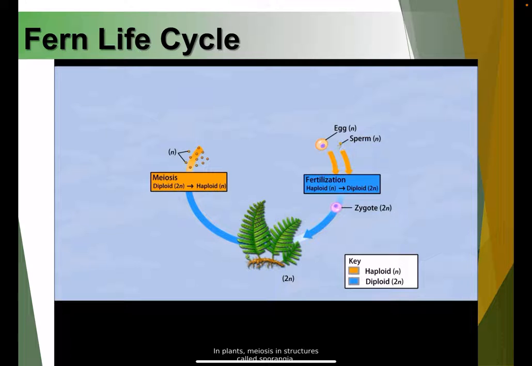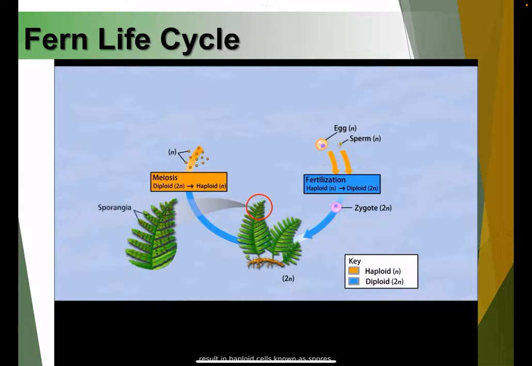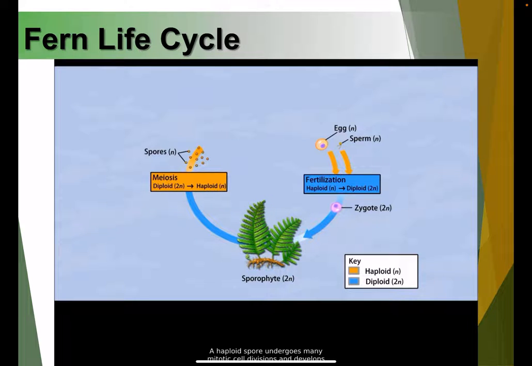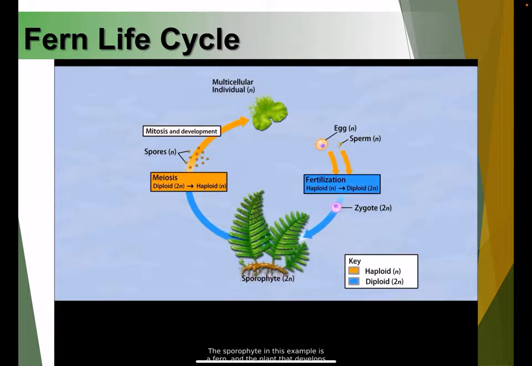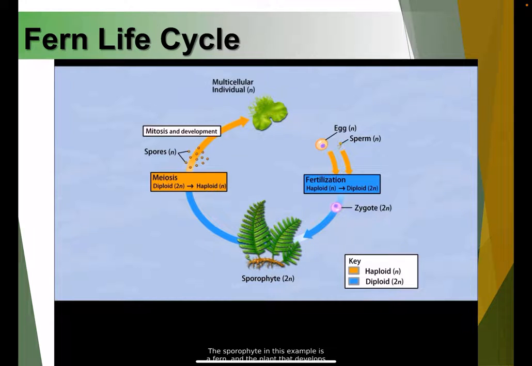In plants, meiosis and structures called sporangia result in haploid cells known as spores. The diploid plant that produces spores is the sporophyte. A haploid spore undergoes many mitotic cell divisions and develops into a haploid multicellular individual. The sporophyte in this example is a fern, and the plant that develops from a fern spore is shown here.